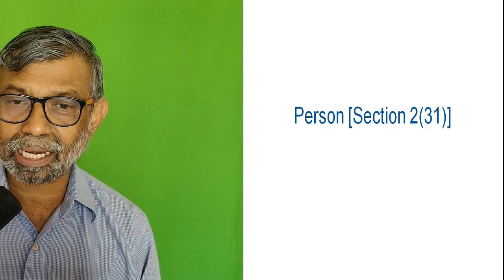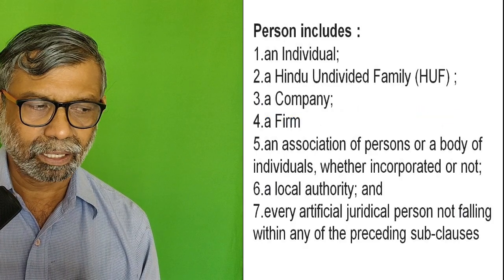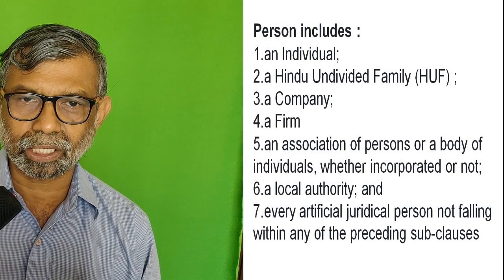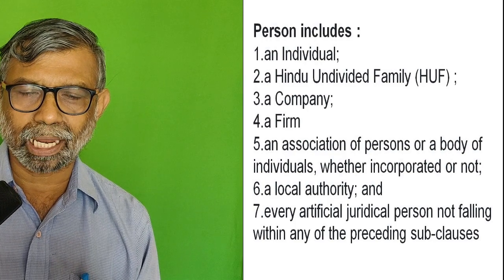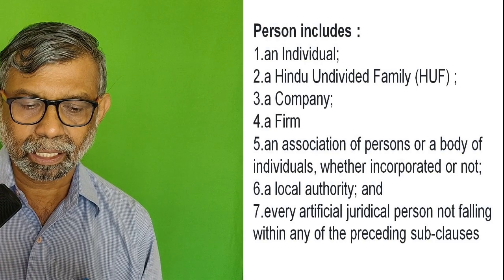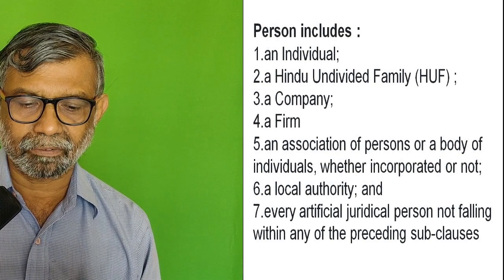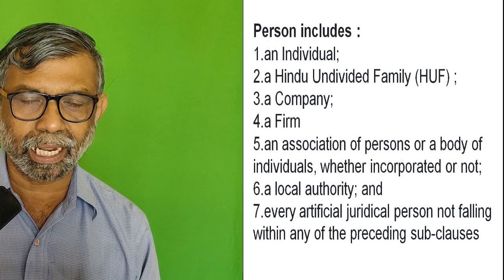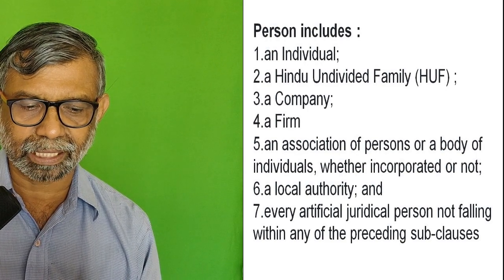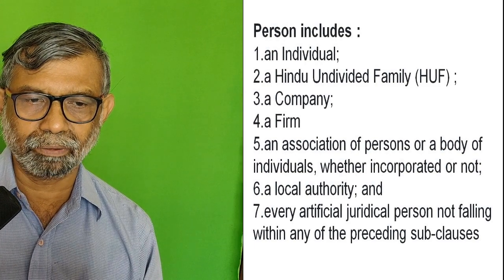There are 7 included in person: individual, HUF, firm, company, association of persons or body of individuals, whether incorporated or not, local authority, and every artificial juridical person not falling within any of the preceding subclauses. If any legal person does not fall under the earlier cases, then he is called an artificial juridical person. Now we will see one by one.